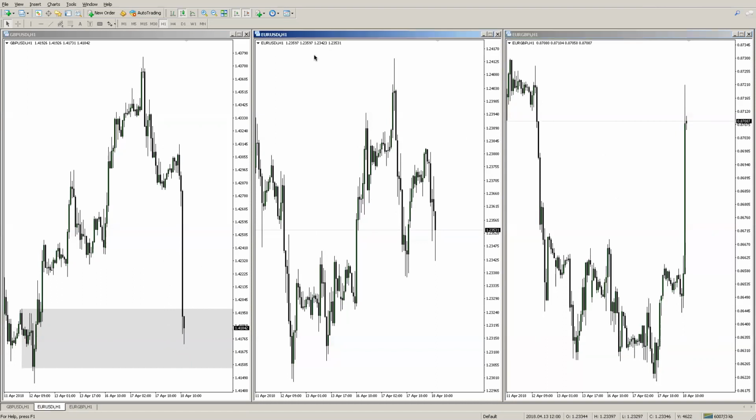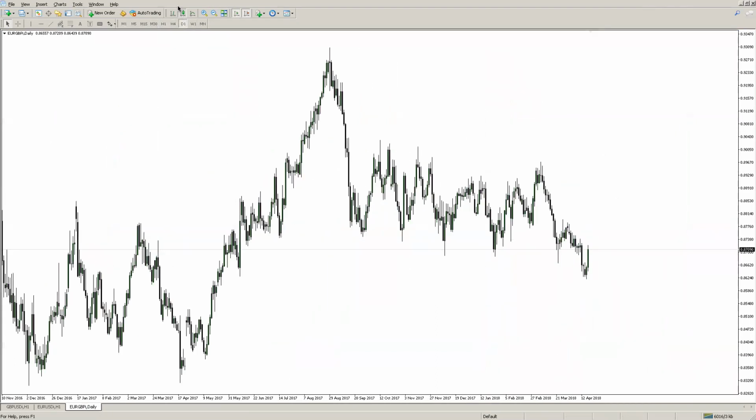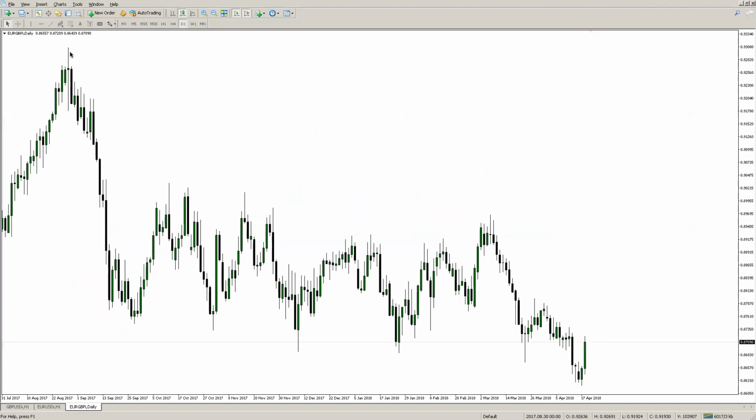So all that means is Euro GBP has literally been in this range until here.